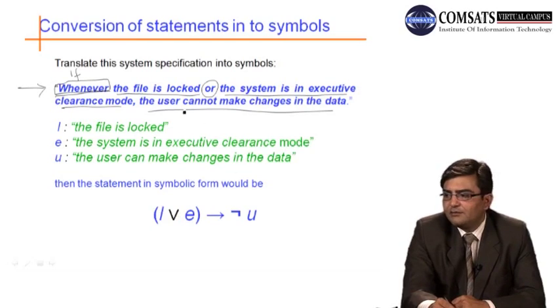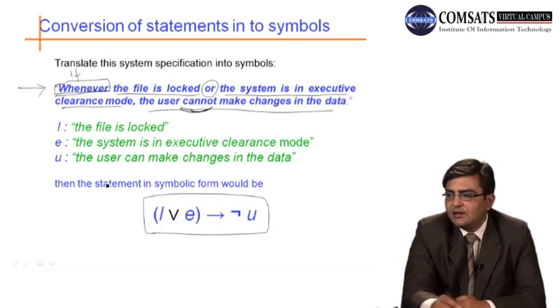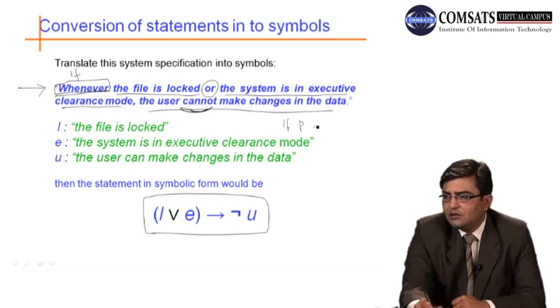Here we have cannot, but we can write the negation of U. So this whole statement can be written as this, because this is the form of a conditional statement if P, Q.